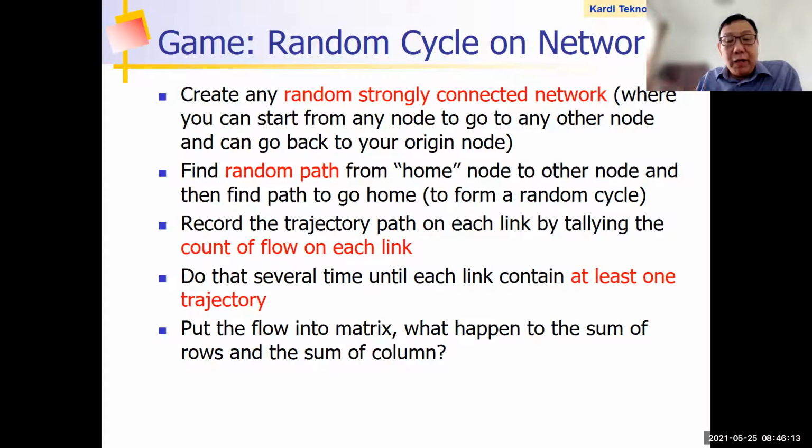And then you do that several times until all links has at least one trajectory pass through it. Now, after that, you will put the tally of the flow into a matrix. So my question to you is, what happened to the sum of rows and the sum of columns? Do you get it?